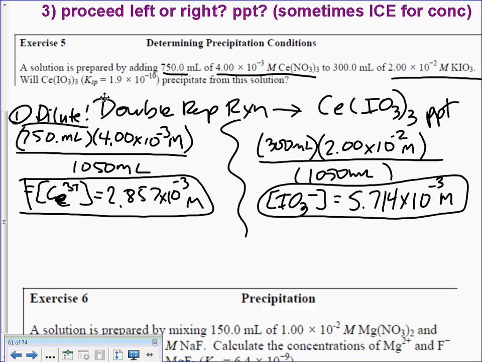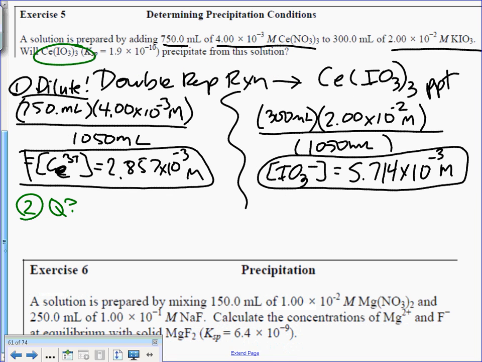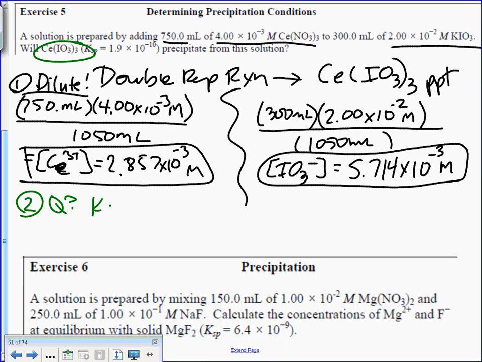Okay, so to calculate Q, and we'll compare that to the Ksp value of cerium 3 iodate. What is the Q, aka the Ksp expression for this one right here? So Q or Ksp is equal to the concentration of cerium 3 plus times iodate cubed.